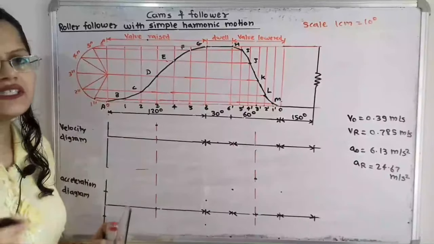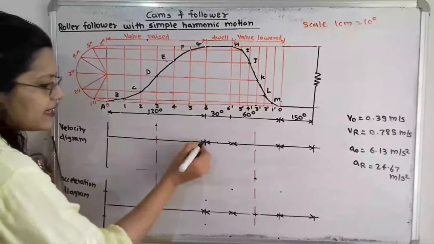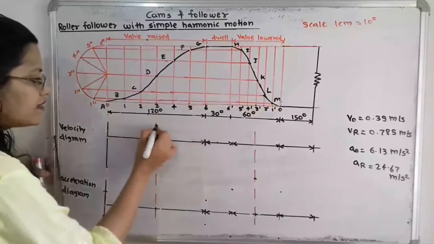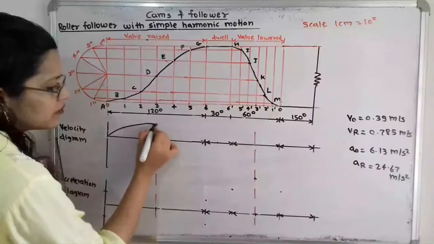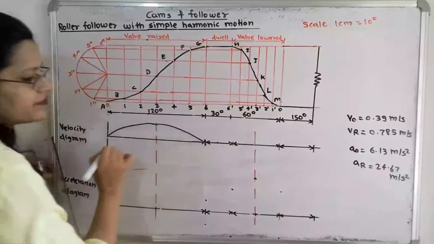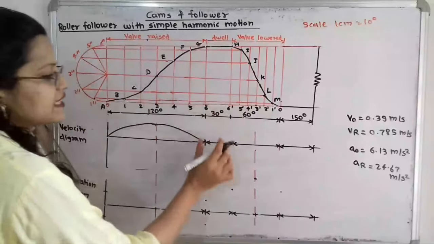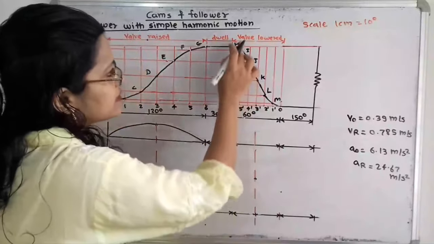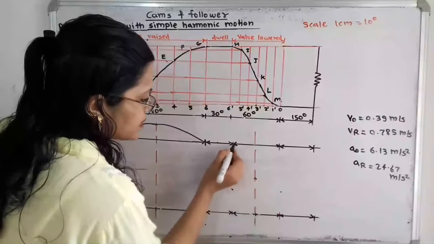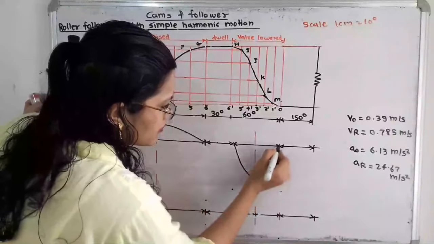Now we will draw the sine curve. At the initial point and end point the value is 0 and at the middle point it is maximum. Then in the same way, the dwell period, that is the follower is at rest. Then again during the return stroke, here is the maximum value. So again we have to draw the curve here.